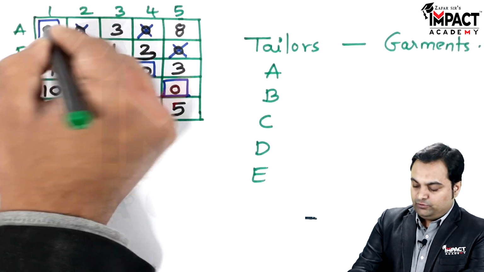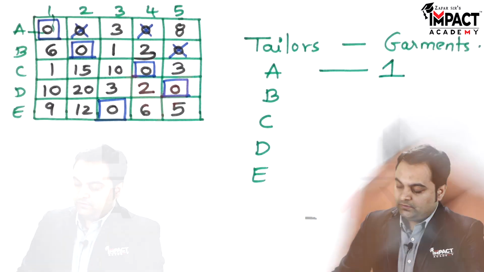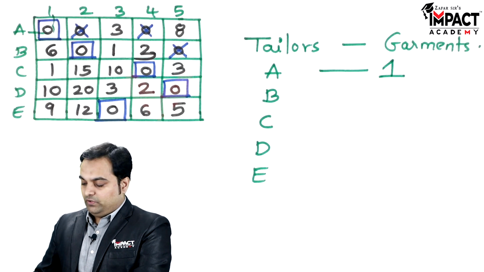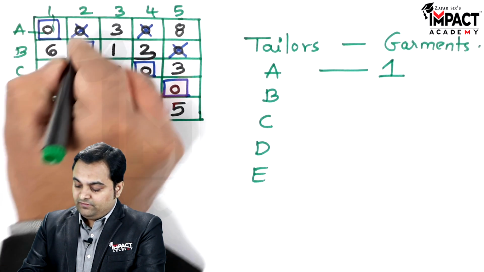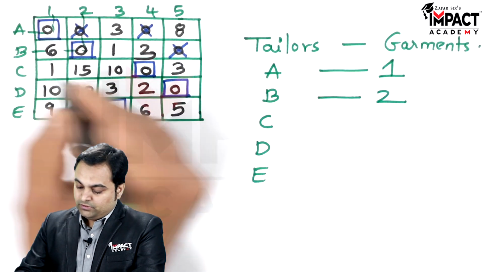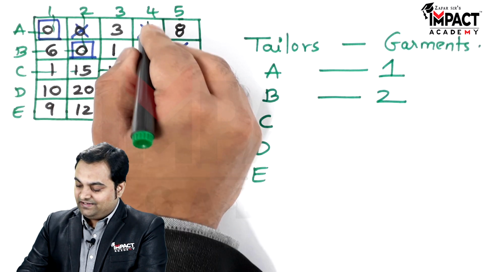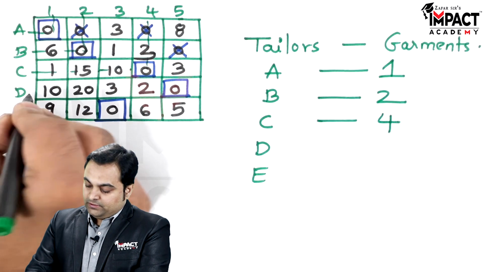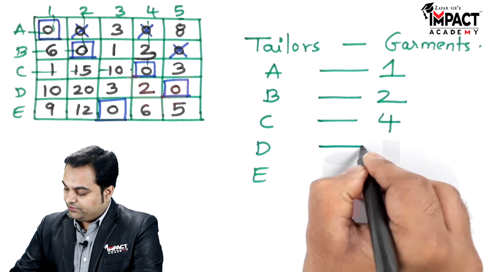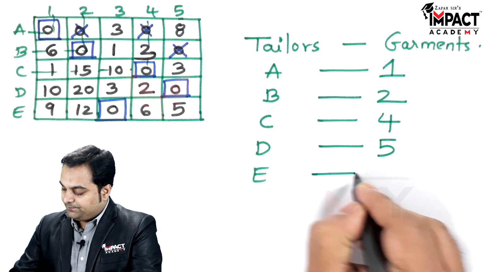So tailor A would be allotted garment 1, that is he would be producing garment 1. Next, tailor B would be assigned garment 2. Tailor 3, which is denoted by C, would be assigned garment 4, and D would be assigned garment 5, as we see the assignment over here. Tailor E would be assigned garment 3.